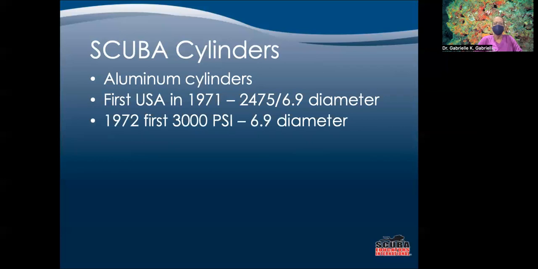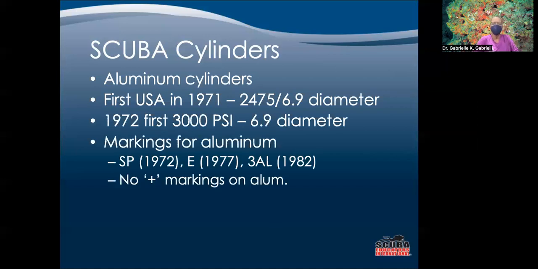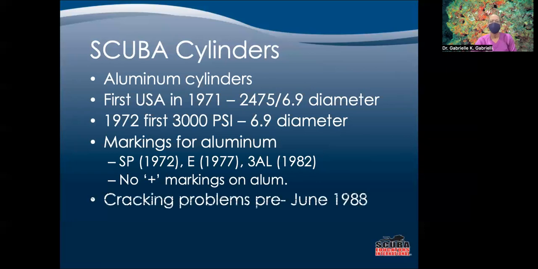So in 1972, were the first 3,000 PSI, 6.9 diameter. Markings for aluminum: SP, 1972; E, 1977; 3AL, 1982; no plus markings on aluminum. The SP is known as a special permit, E is exemption, and 3AL is just for the aluminum. Good job, Jacob. Thank you.